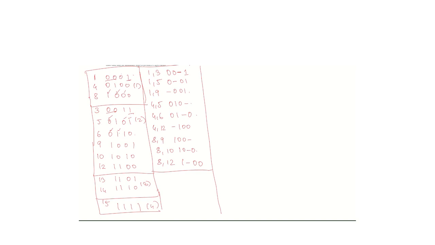So you can make 5 comma 13. 3 cannot happen, 5 can happen.